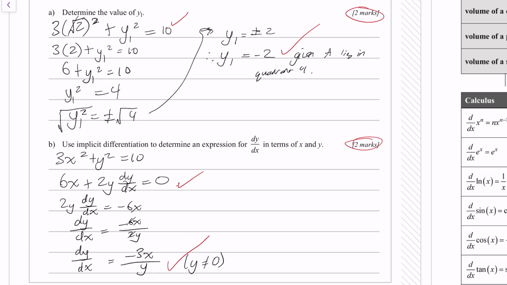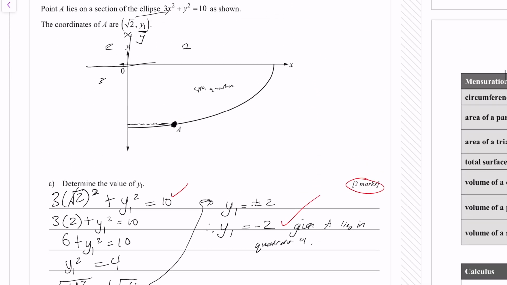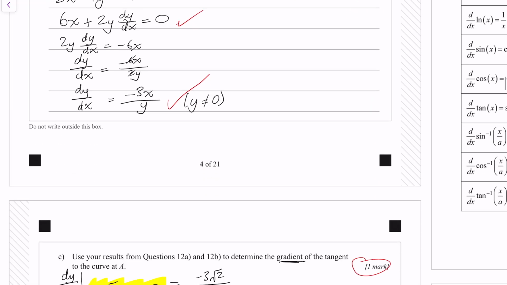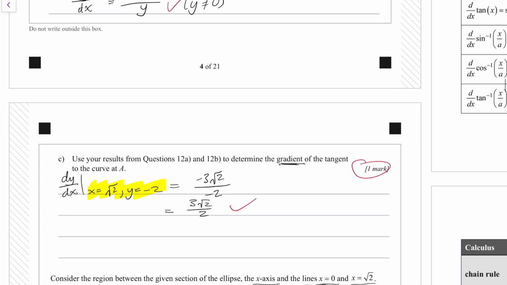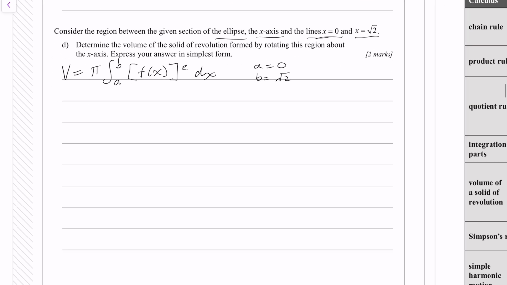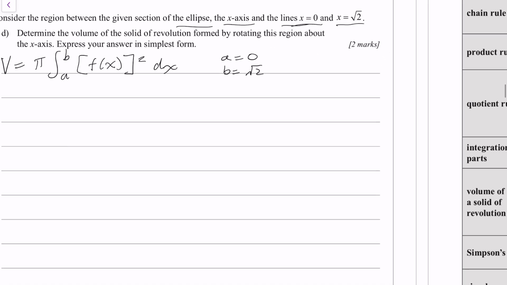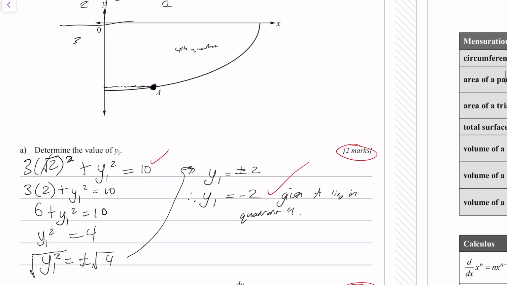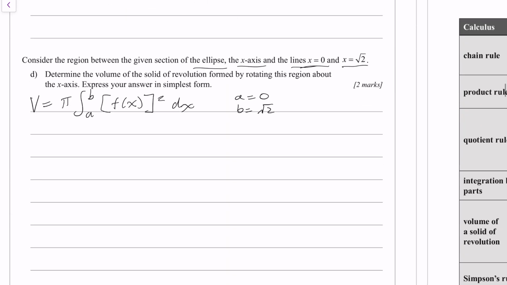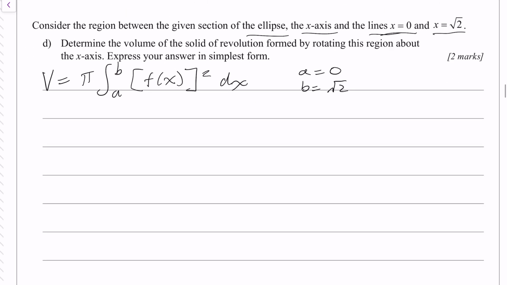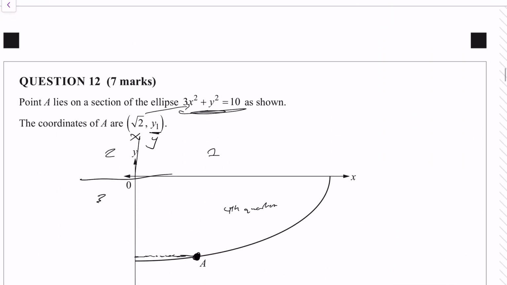And my f of x function is going to be my y equals something. So I need to rearrange this equation for the ellipse to make it into y equals something, because then it will be a function of x, where I have x only on the right hand side of my y equation.